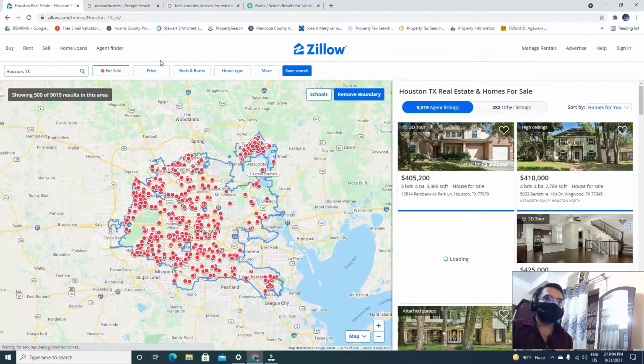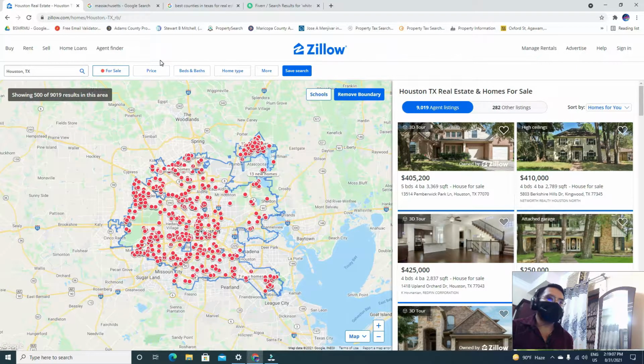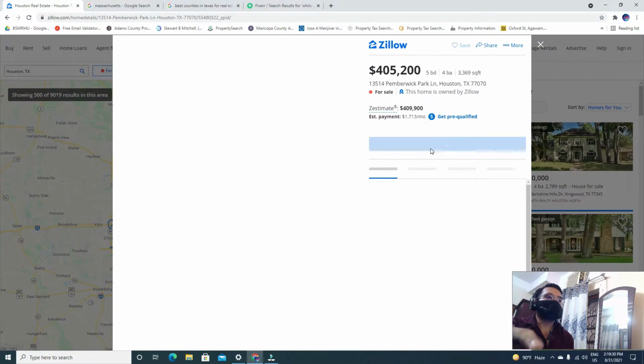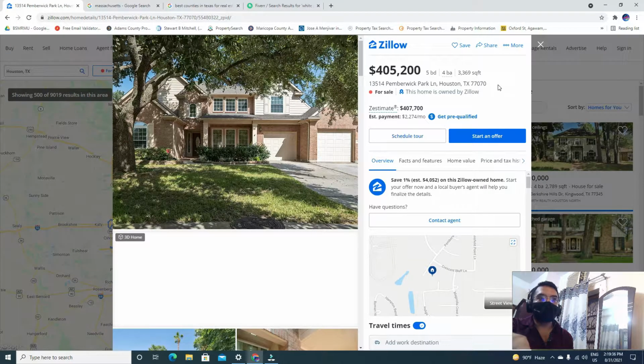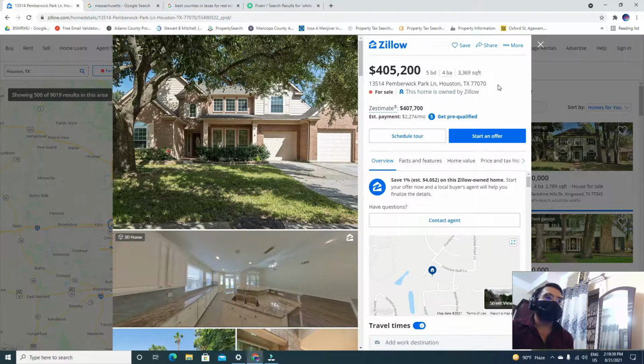What we see over here is lots of houses. Some houses are $400,000, some are $410,000, some are $425,000, some are $250,000. These are houses which the owners have put forward to sell on this website, and real estate agents require you to find the name, address, location and email address of the potential owners so that they can contact the prospective sellers and help them sell the house.